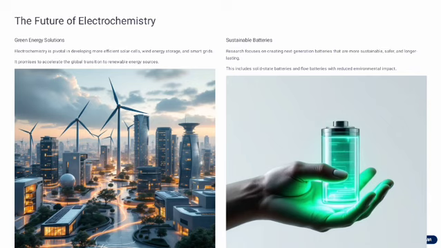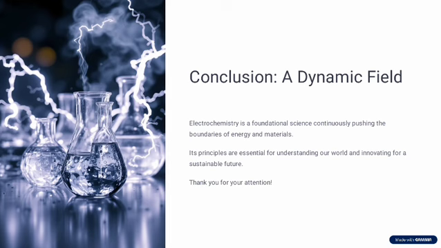It can produce sustainable batteries and green energy solutions. And then the last thing is the conclusion. Electrochemistry is a fundamental science continuously pushing the boundaries of energy and materials. It's a very dynamic field with a lot of daily uses, which you are conventionally using.